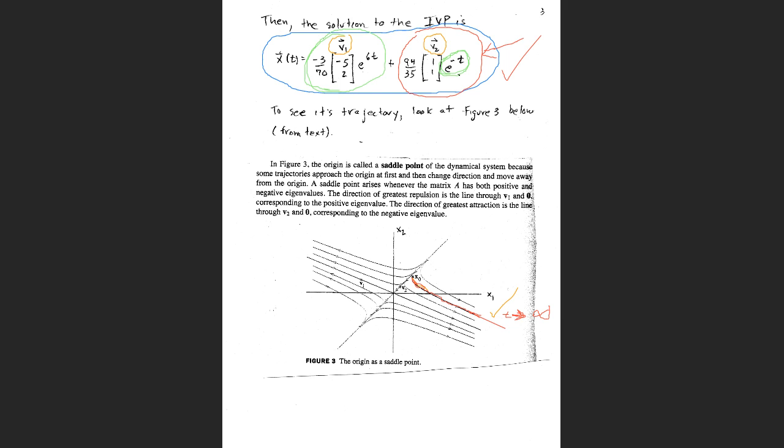As t gets large, the trajectory looks like it's parallel to the vector v1. And that makes sense because, let me just draw that trajectory again and extend it a little bit.